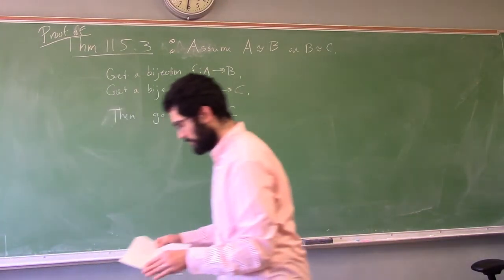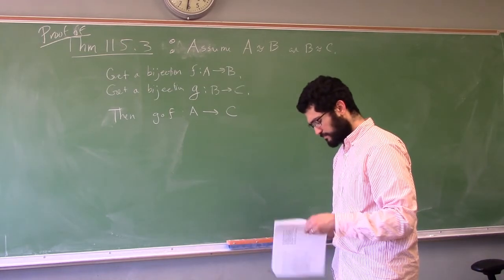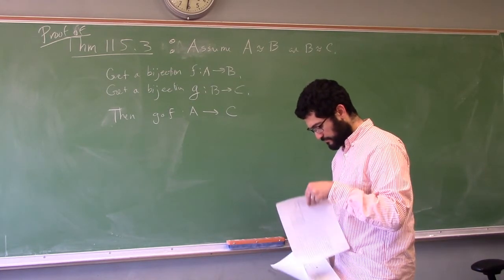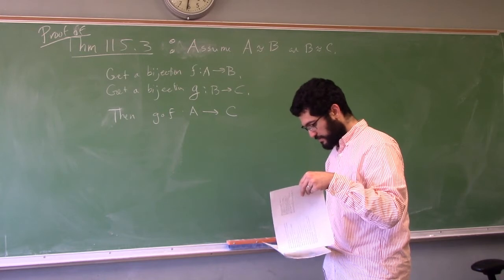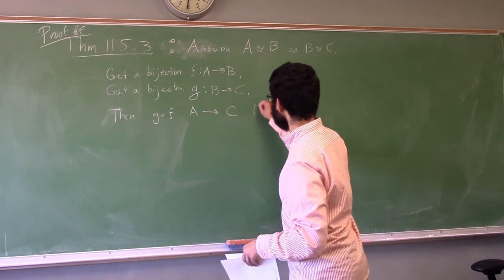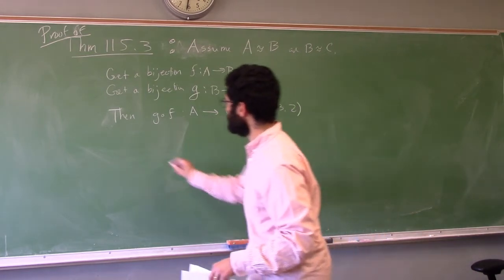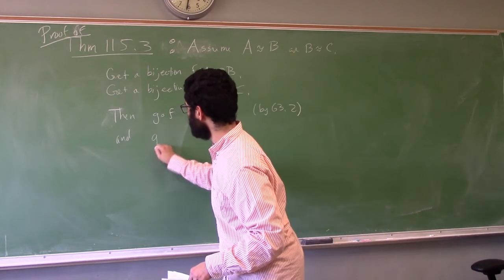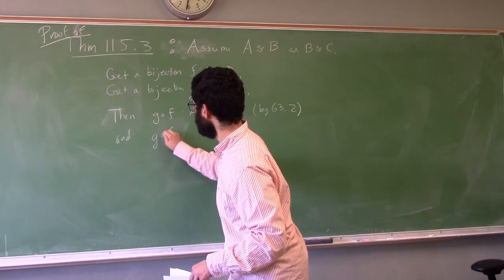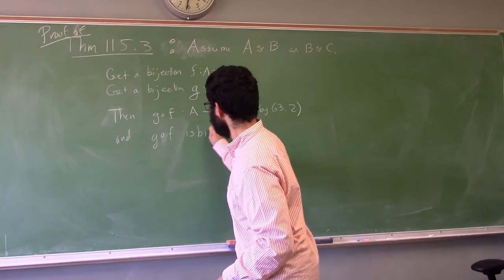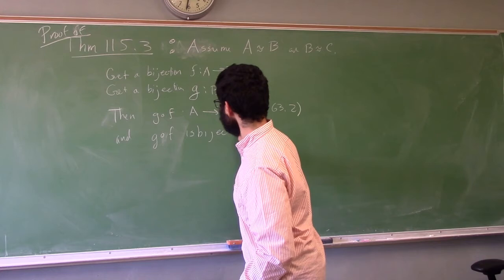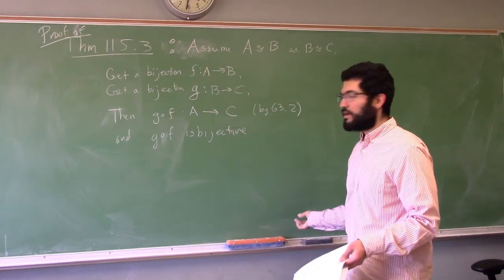So let's actually put down some theorem numbers. That one is theorem 63.2. And G compose F is bijective. Why is that?